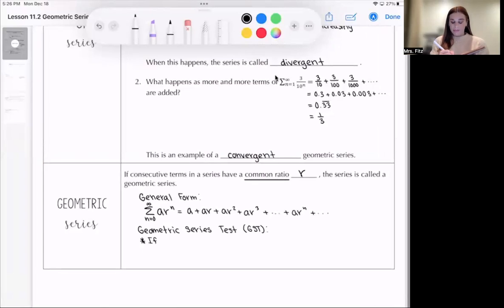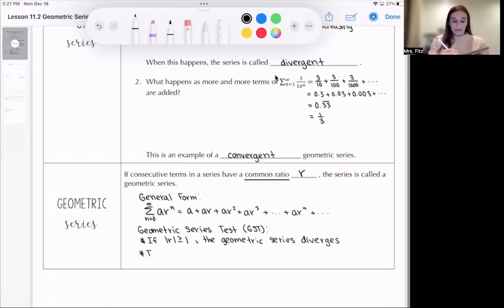If the absolute value of r is greater than or equal to 1, then the geometric series diverges.